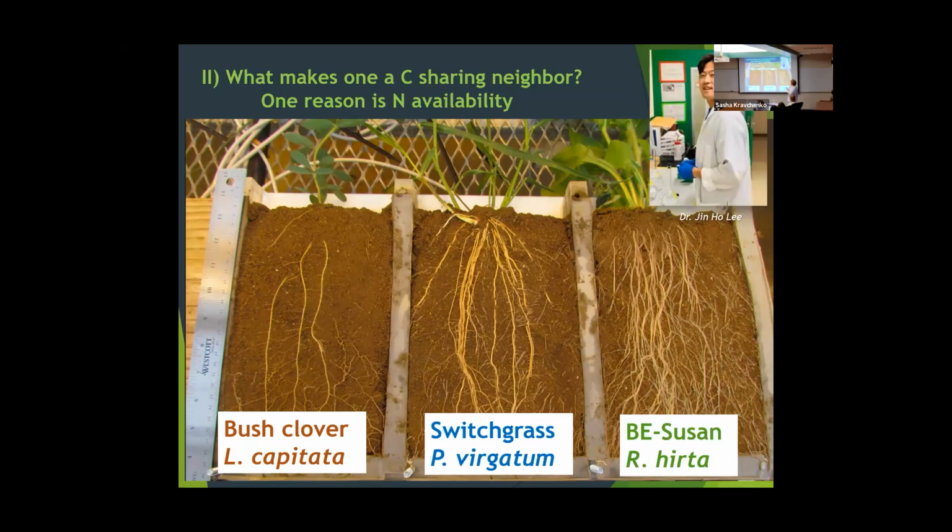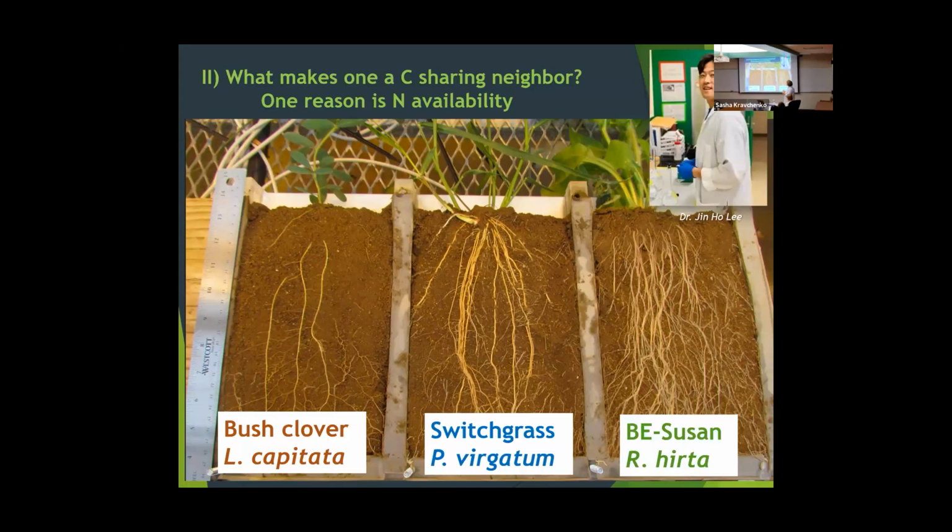And here, this is that second greenhouse study, done by Jinho Lee, my former PhD student. Instead of pots, we used these big rhizoboxes, and the labeled source plant would be in the center, and then we would have the non-labeled neighbors on the sides.